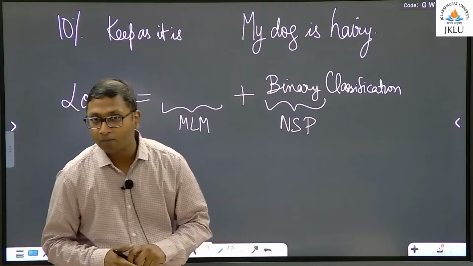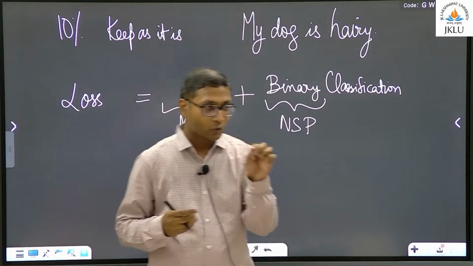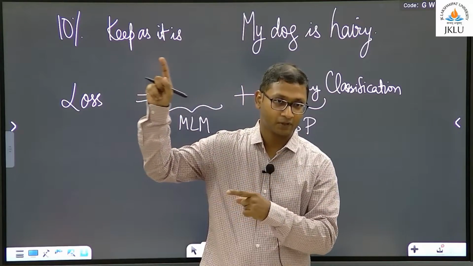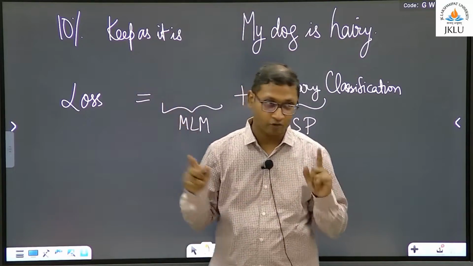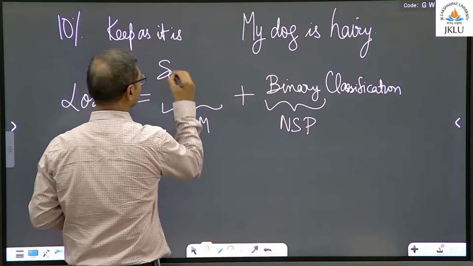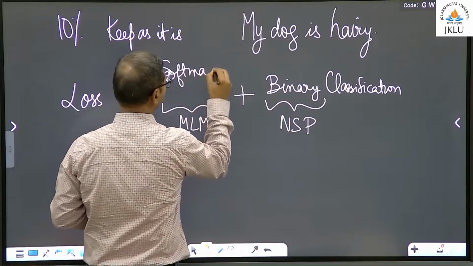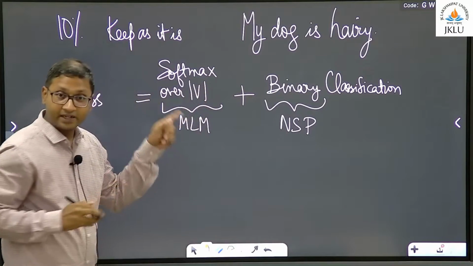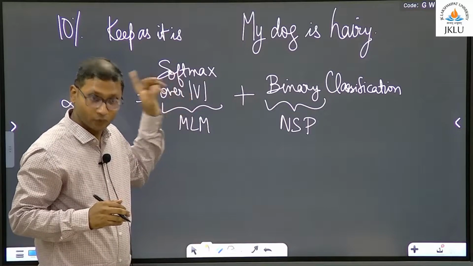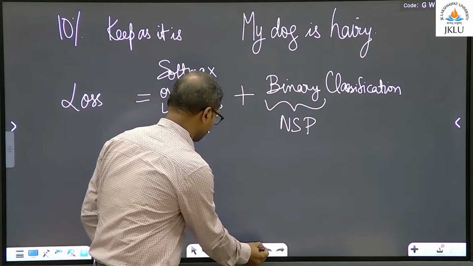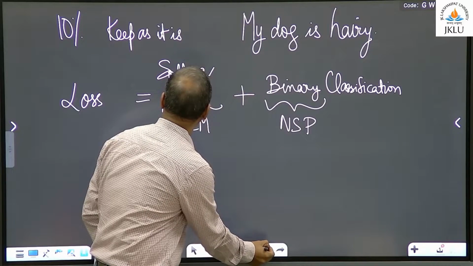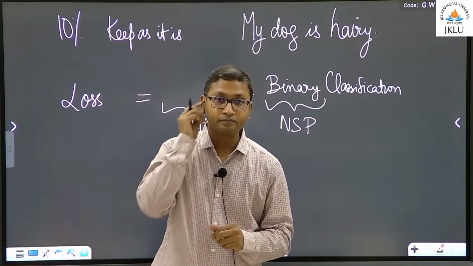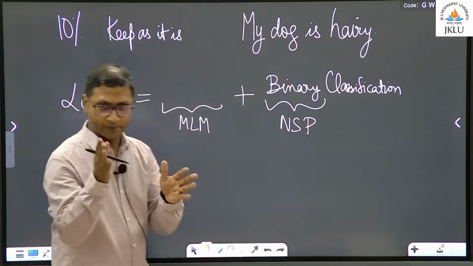Your token comes from which set? Vocabulary. So basically you are going to do a softmax over mod V. But is this the loss function? No, this is not the loss function. So what will be the loss function? Right, that cross entropy thing that you have been saying.